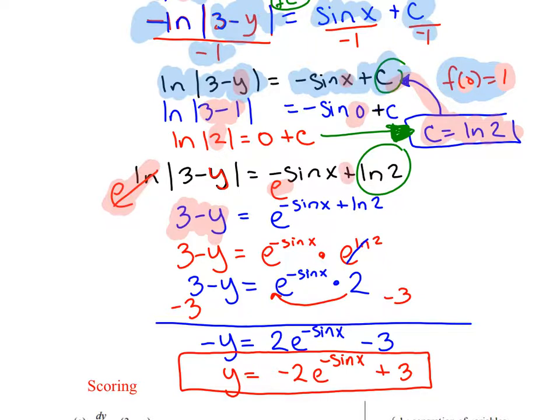You can separate it, because this is the same thing as saying e to the negative sine of x times e to the natural log of 2, which is easy to simplify, becomes a 2. So now we are right here. 3 minus y equals e to the negative sine of x times 2. We're trying to get y by itself, so subtract 3 on both sides, and then multiply by negative 1, and that should give you your final y.